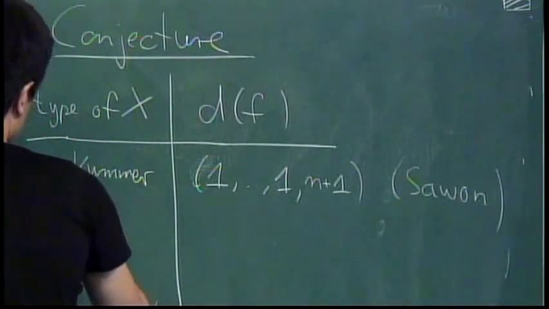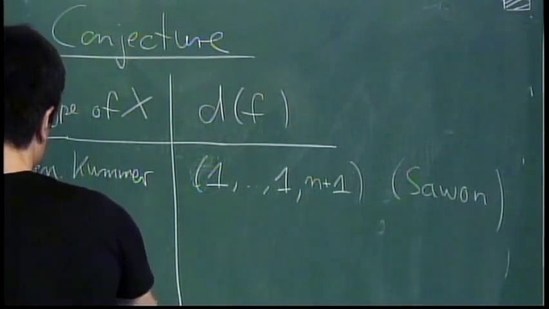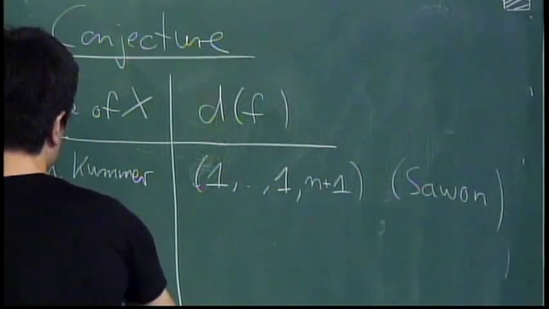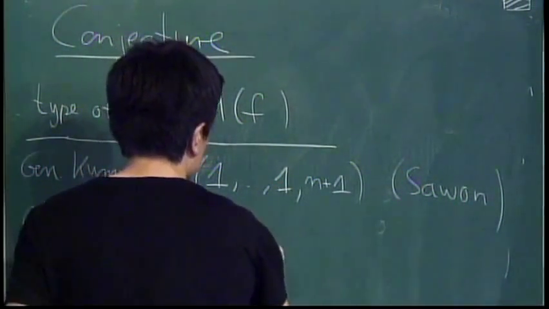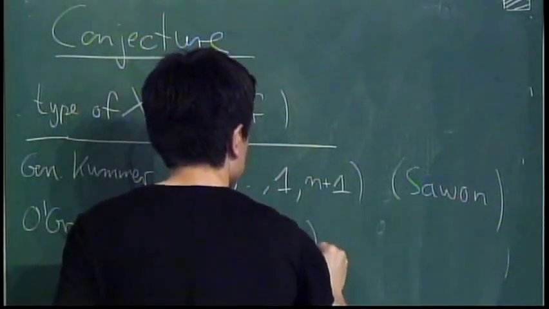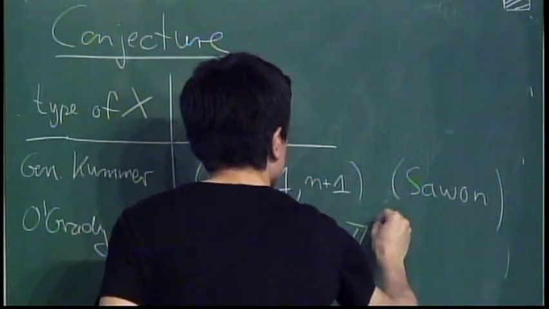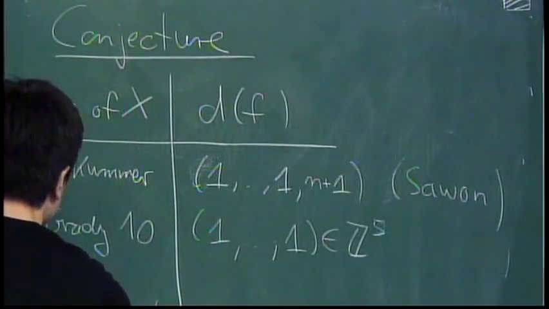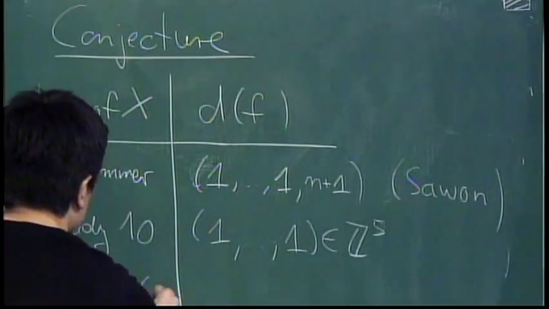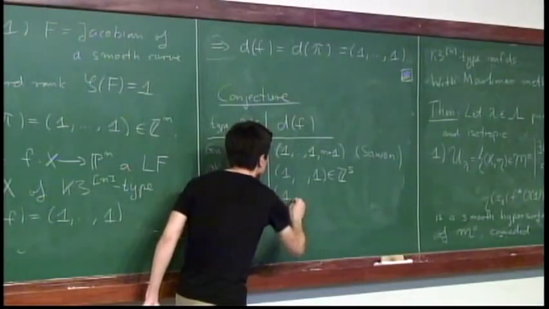And if we look at the O'Grady 10 type, then this is also a principal polarization. And so O'Grady 6 type should be (1, 2).